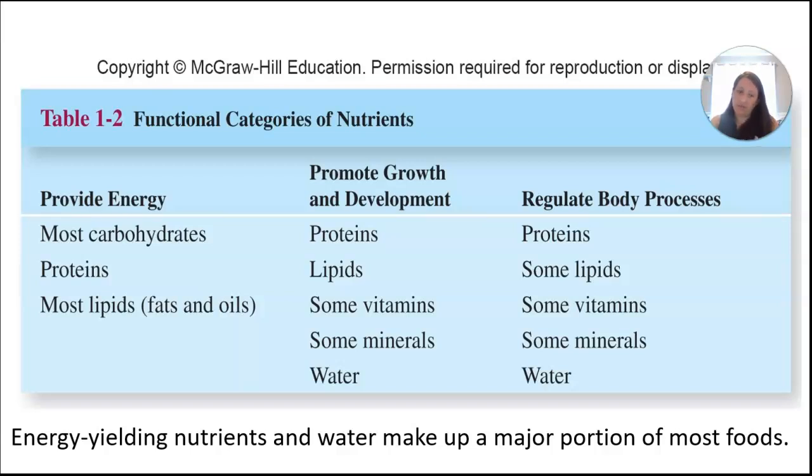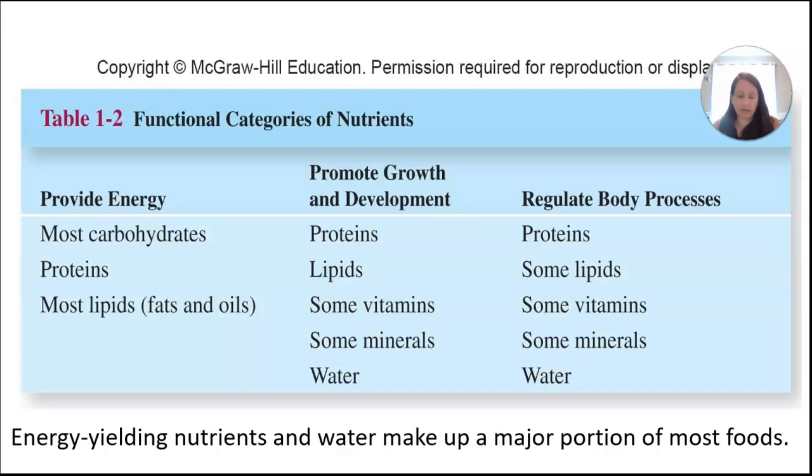Proteins sometimes, so we can put them in that category. And then most lipids, including both fats and oils, are going to provide energy. The second functional category, promoting growth and development, we've got proteins here, lipids, some vitamins, some minerals, and water. And then lastly, regulating body processes and helping us to maintain homeostasis. Proteins are really important here, some lipids, some vitamins, some minerals, and water.